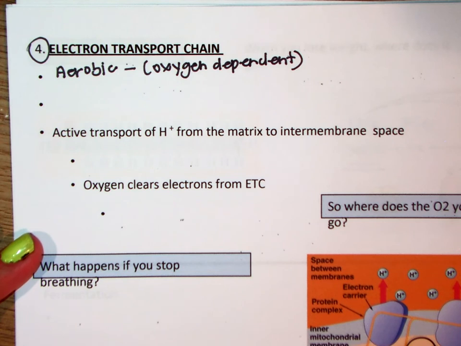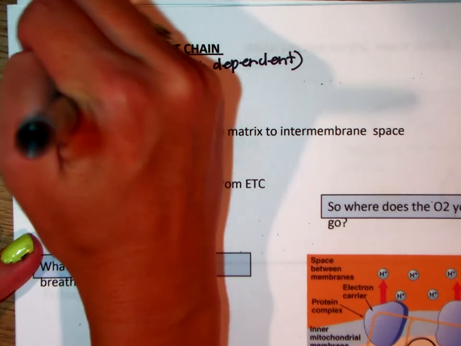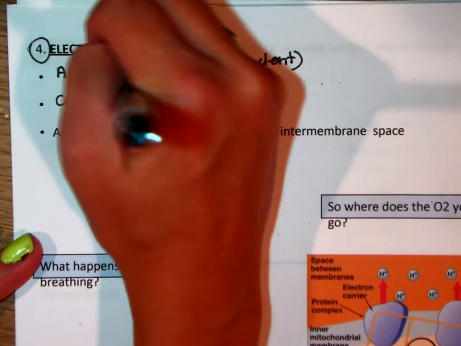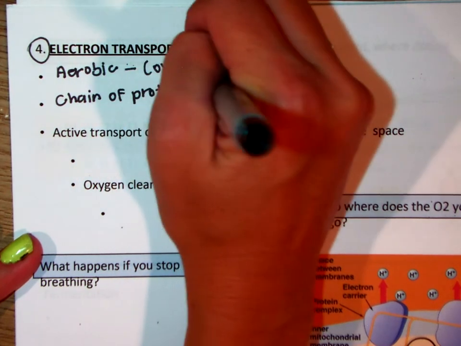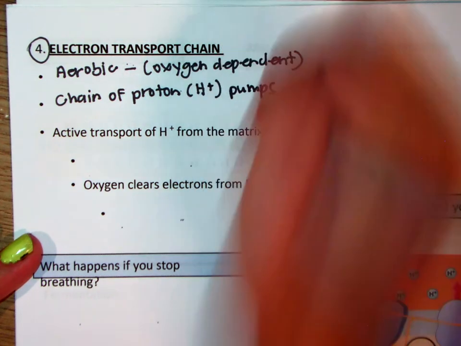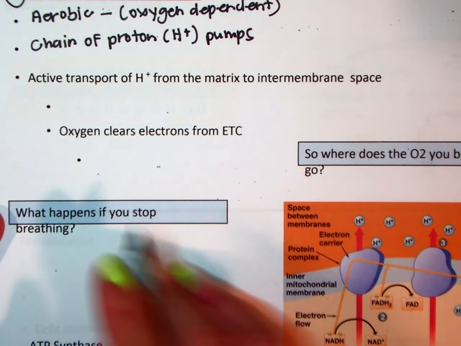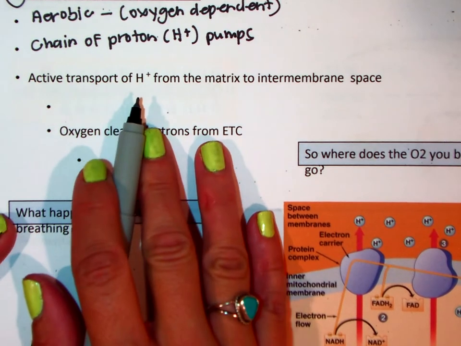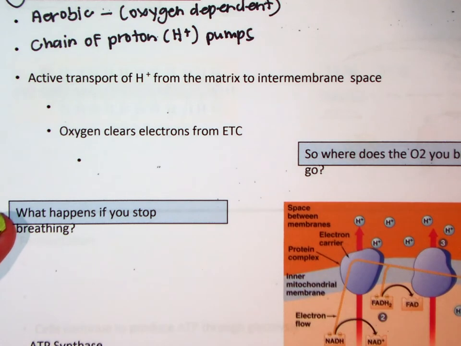And the electron transport chain is a chain of proton pumps. Remember, proton is just another word for hydrogen ion. And it's the active transport of hydrogen ions from the matrix to the intermembrane space.